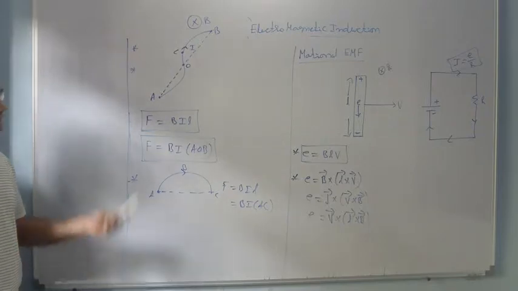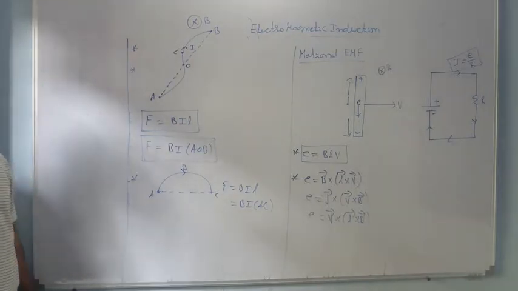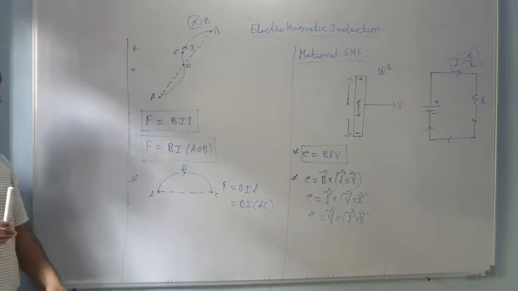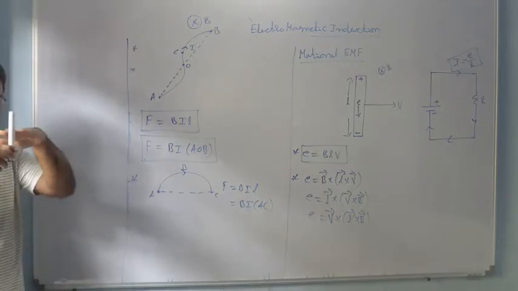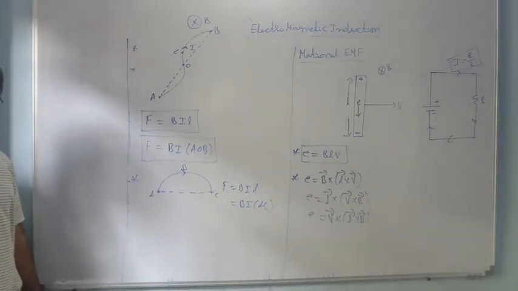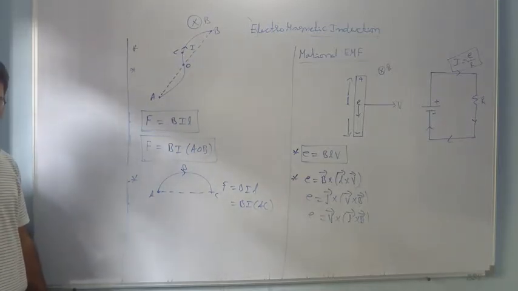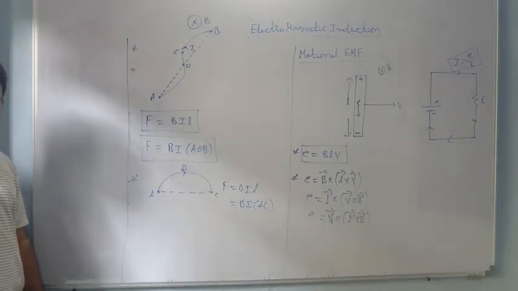Okay. So when we are going to apply this EMF, I asked the question now. What is the question asked? When the conductor is moving like this, magnetic field applied like this, is EMF generated or not? That is one thing you need to understand. Now the rod is falling like this.